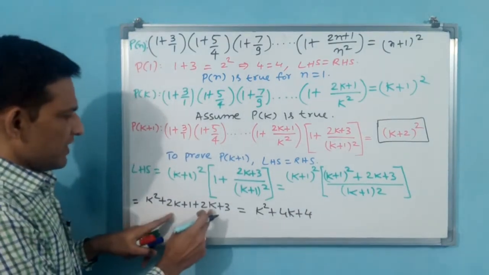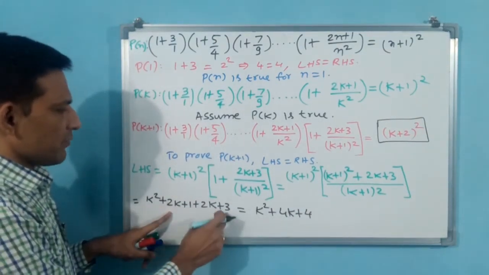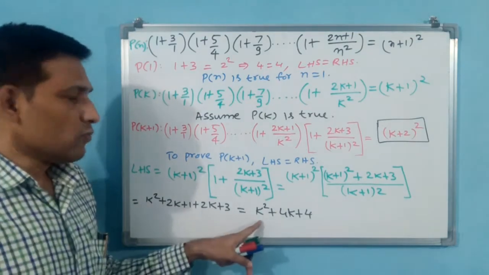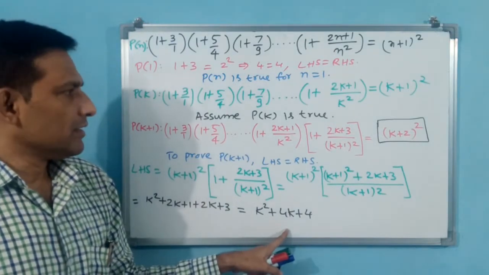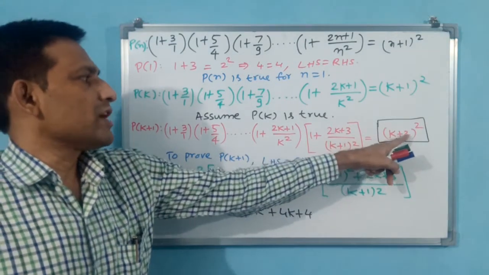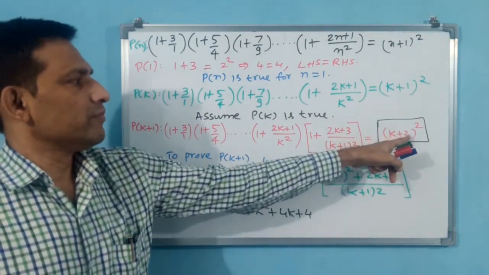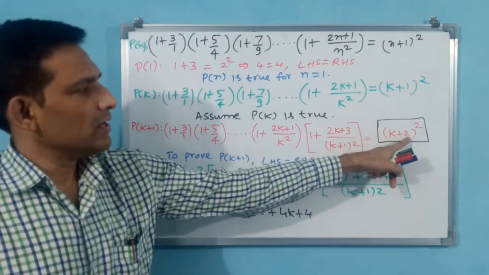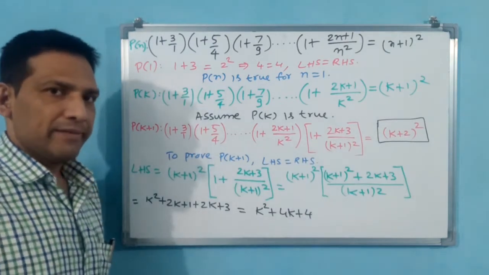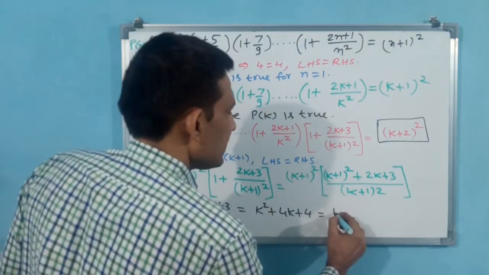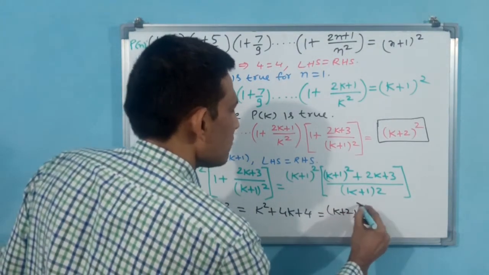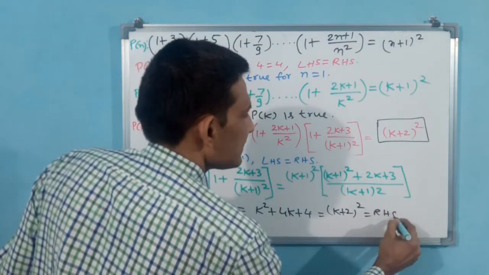K square plus 4k, 2k plus 2k is 4k, 3 plus 1 is 4. Now if you look at this, automatically k plus 2 whole square is appearing: a square plus b square plus 2ab, k square plus 4 plus 2 into k, 4k. You see? Now you can write this as k plus 2 whole square, that is equal to RHS.